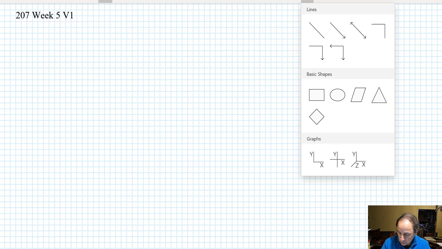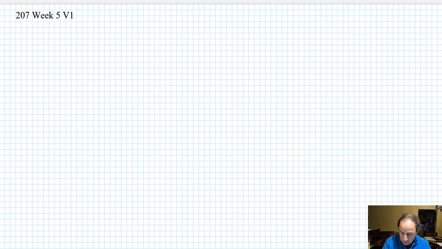So let's draw our beam. Okay, now on this side, going to have a pin support. On this side, we're going to have a roller support, but it's going to be a little different.